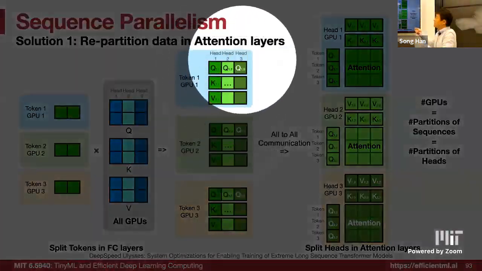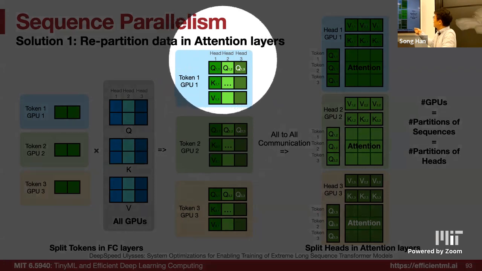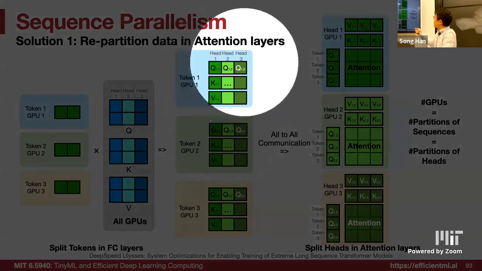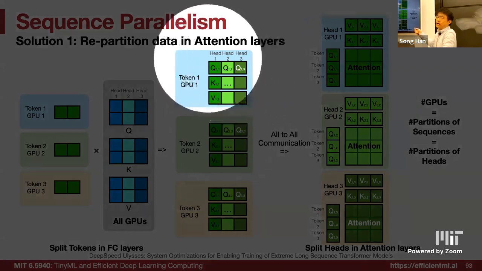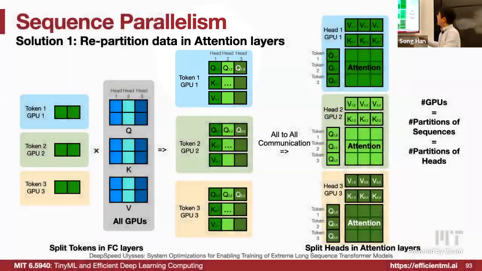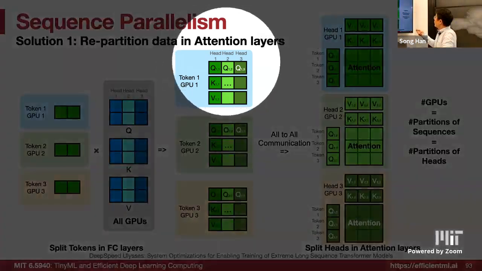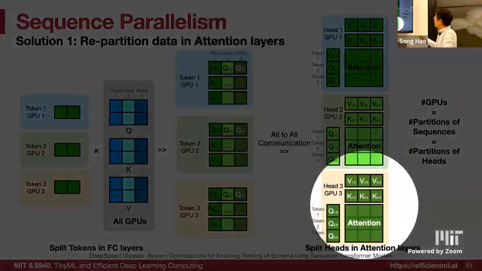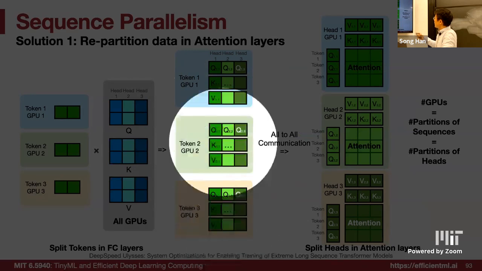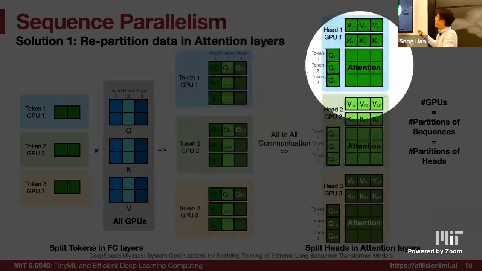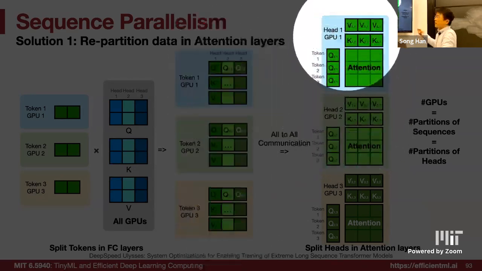We have 3 heads in this case: the light green, the dark green, and the normal green. Now we want to collect everything related to the dark green into the third GPU, everything related to the light green in the second GPU, everything in the normal green in the first GPU.